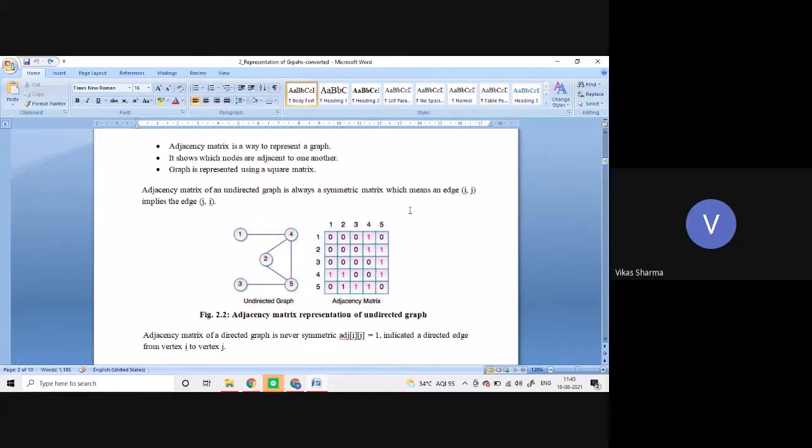So we have an adjacency matrix. We have 5 nodes, so a 5 by 5 matrix is here. This is called the adjacency matrix.